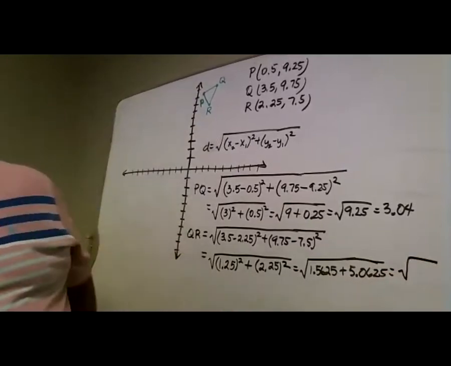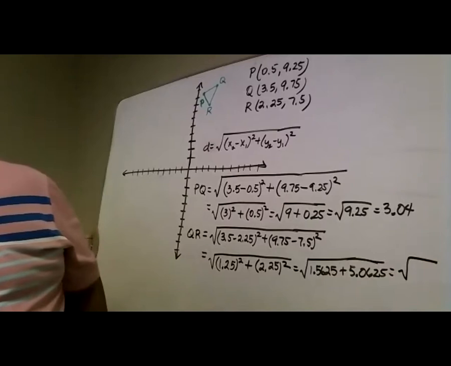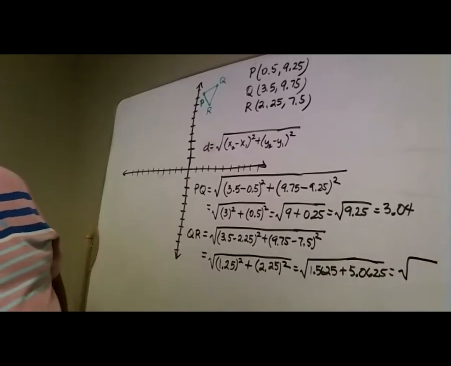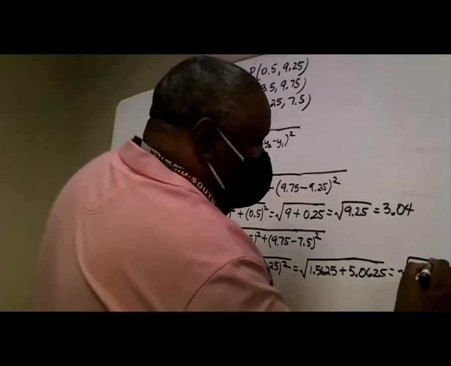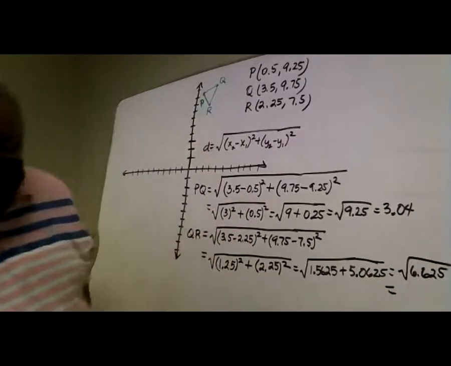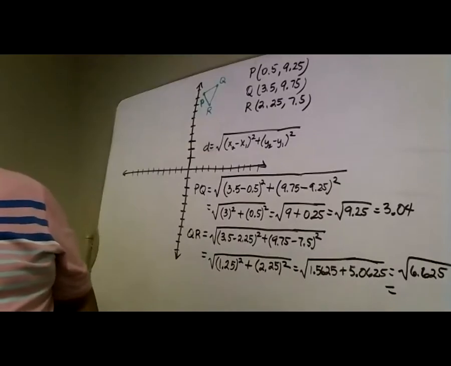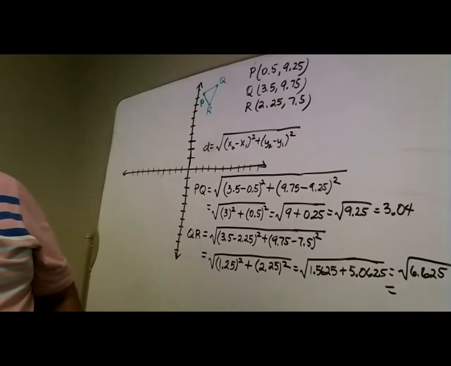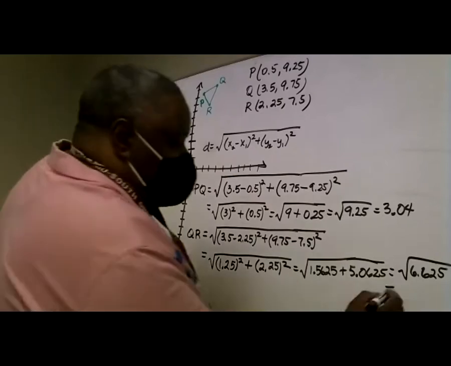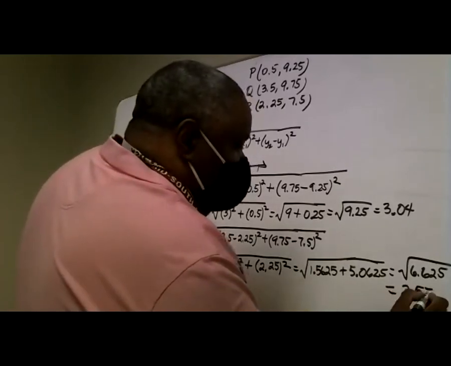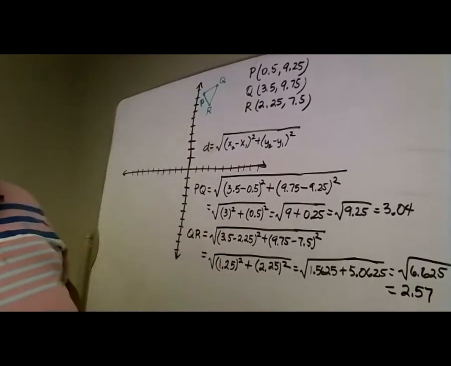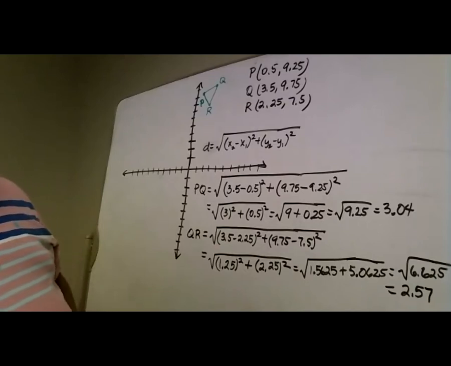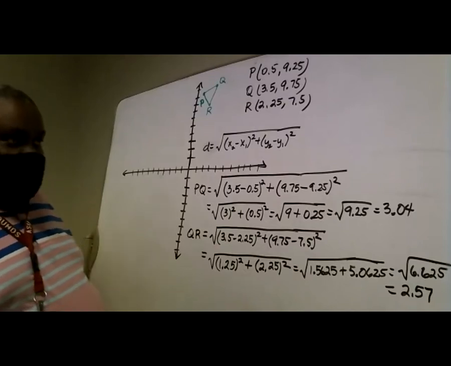And this adds up to 6.625. If I take the square root of that, I'm going to say 2.57. Okay, so we know QR is not the hypotenuse, because the hypotenuse has to be the longest side.